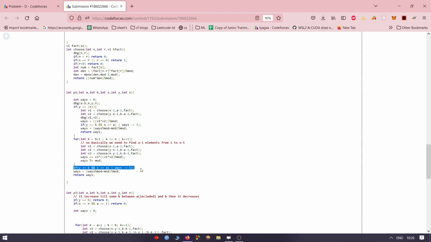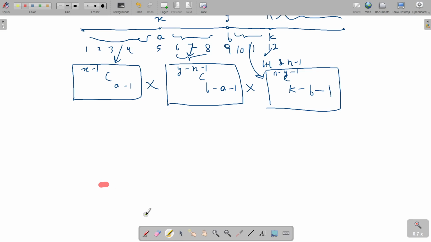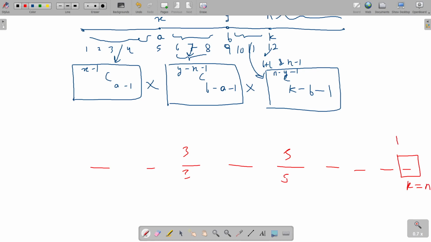This if condition I had to put because I was iterating till k equals to n. So I'll just briefly explain why I had to do this. Basically, if the array looked something like you had third index maybe you had 3 only, and fifth index maybe you have 5 only, and you were saying okay, this value k equals to n, this value has to be equal to n.